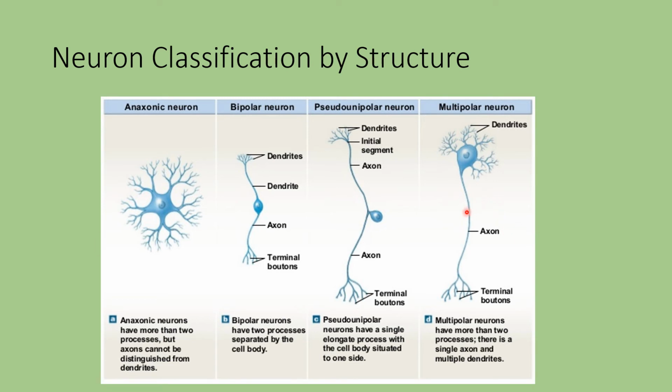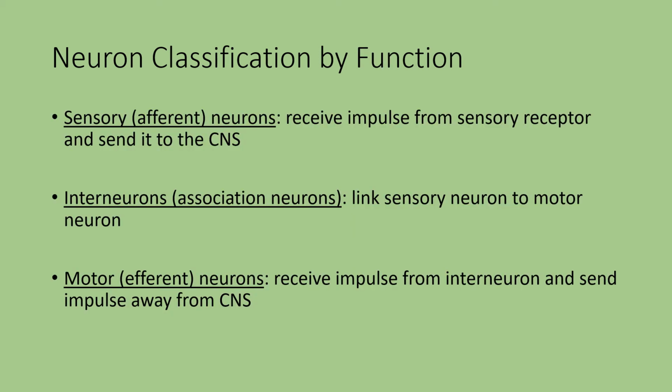They tend to have a single axon. Now you may have branching at the terminus end, but you have multiple dendrites. The majority of the neurons found in the human body are going to be multipolar. Bipolar ones are typically seen in the eye with part of the retina, which is helping you to see, basically absorb the impulse and then send that impulse via the optic nerve.